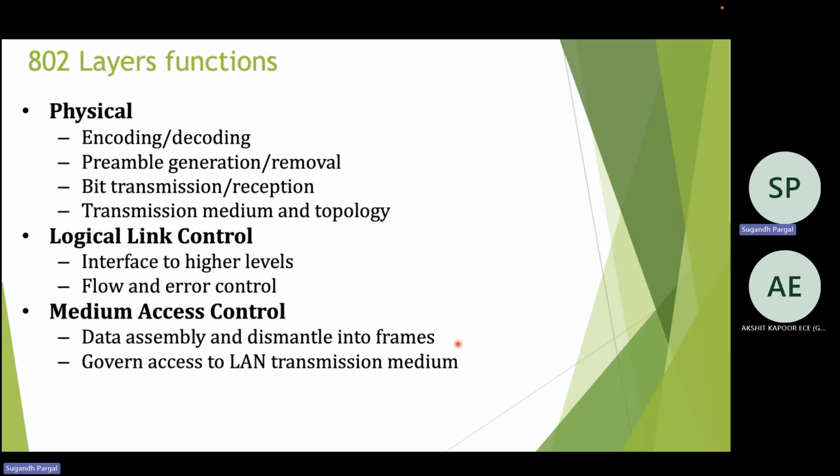So there needs to be an encoding and decoding mechanism, which is implemented at the physical layer. Then there is preamble generation or removal. The physical layer also implements bit transmission or reception. That means it helps transfer one bit at a time or multiple bits at a time, and receive the bits accordingly. It also covers the transmission medium and topology.